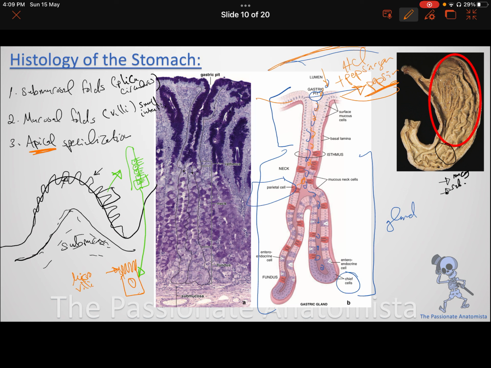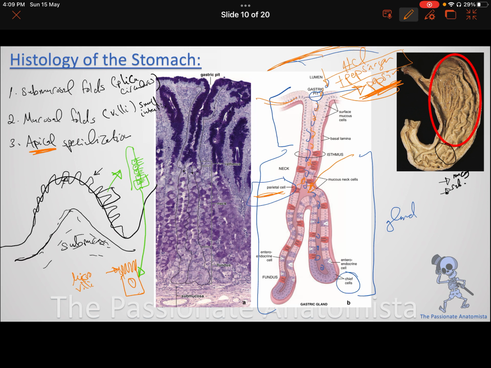Because if the pepsin was released inside the gland itself, it would have broken down all the stomach layers. Okay, so thanks to the parietal cells, they are going to activate that important enzyme whenever I'm ready to digest the food in the lumen.